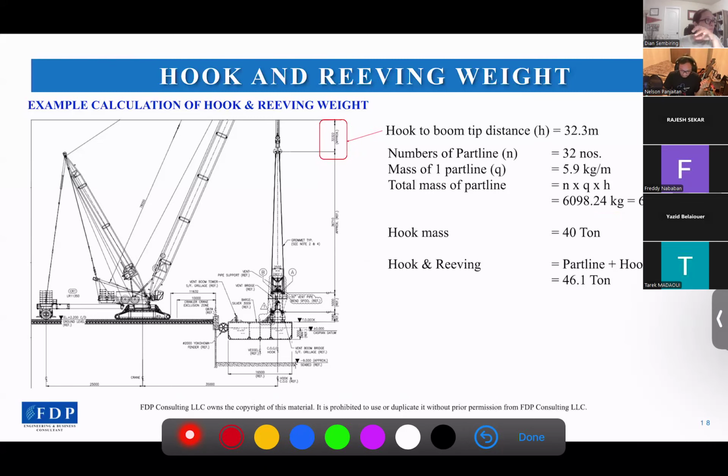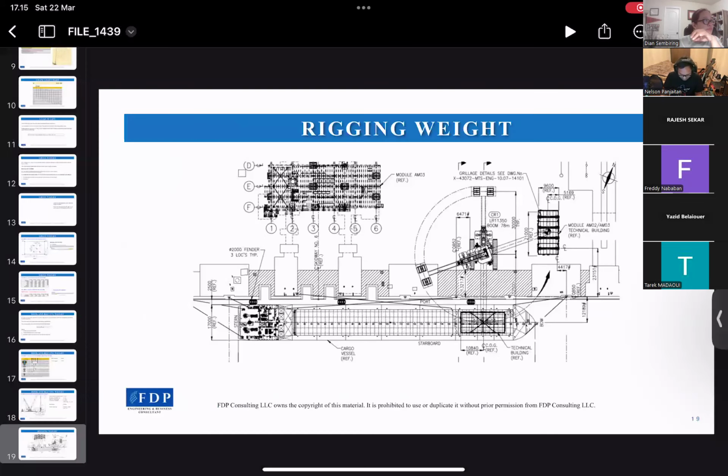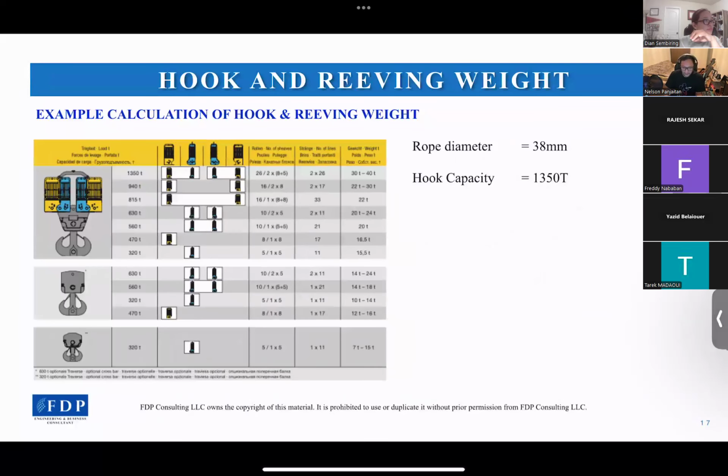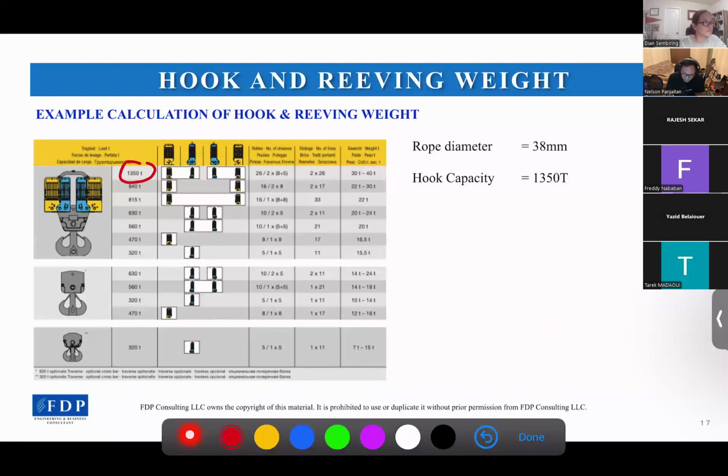Then from the catalog, for the hook weight, we got 40 tons. That's for a 1,350 ton hook capacity. So yeah, we got the 40 tons here.